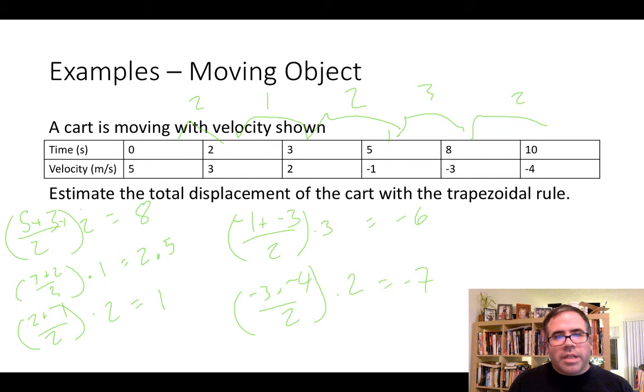You add all these up, and then we have, let's see, 1.5. Hooray, which was, again, pretty in between the last two.